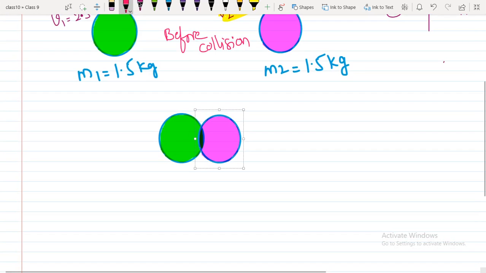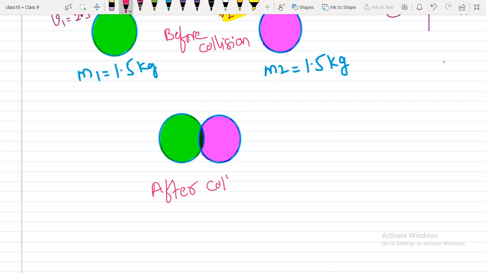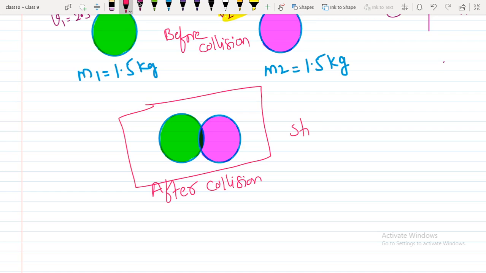This is the situation after collision. After collision, they both stick together and they both move together.